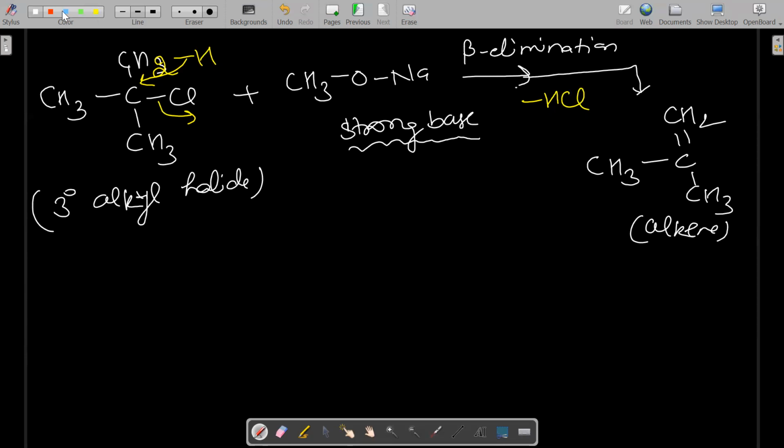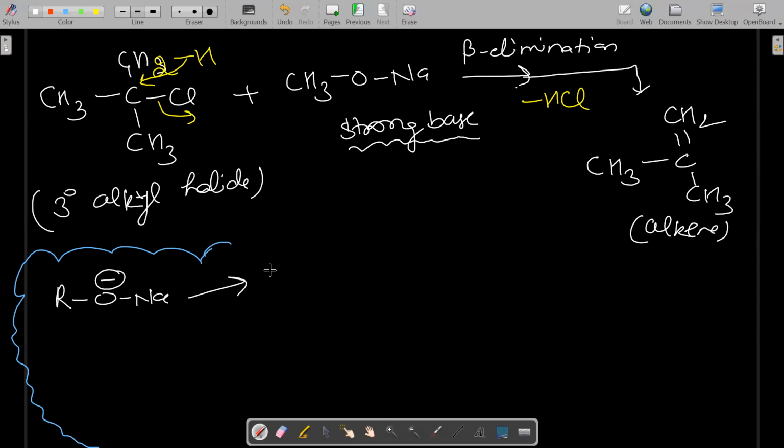So now it is clear. Okay, let me sum up what I told. Sodium alkoxide behaves in two characters. It behaves as a strong nucleophile as well as a strong base.